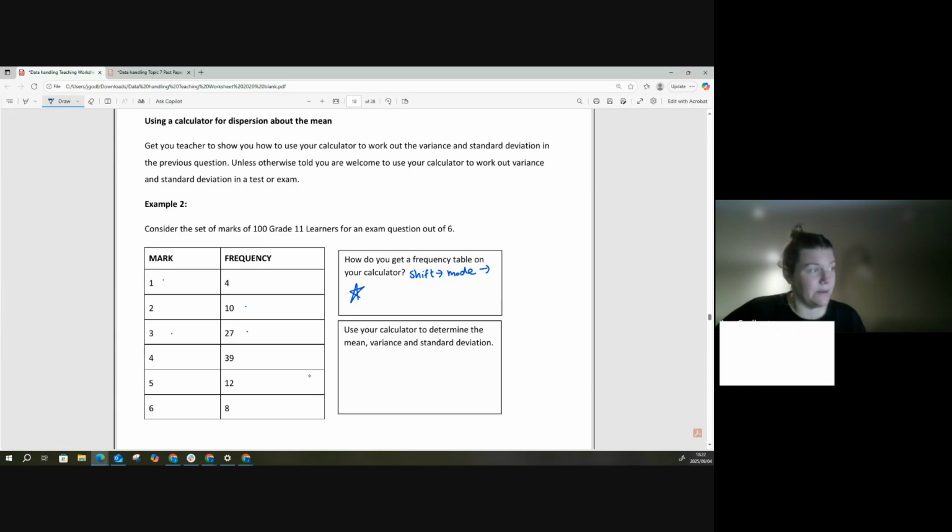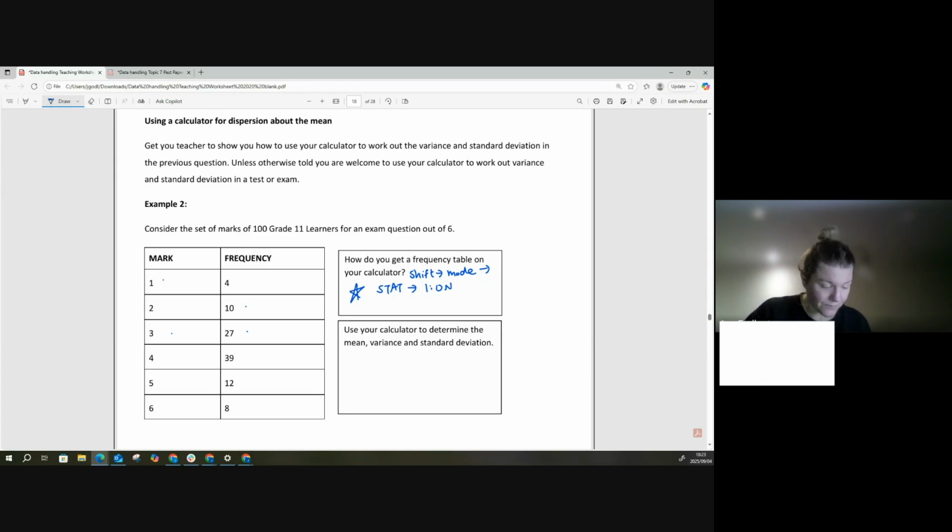Whichever number yours is, my number is 4, but make sure you find where your Stat is. Then it's going to say Frequency with a question mark, and you're going to say 1, On. Now our frequency is on, and you can just push AC.